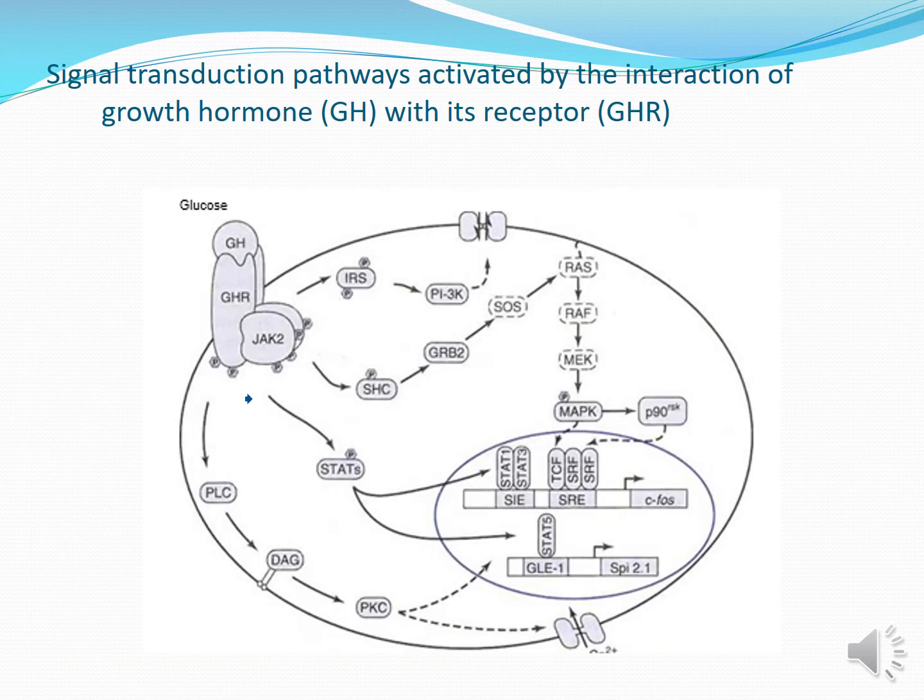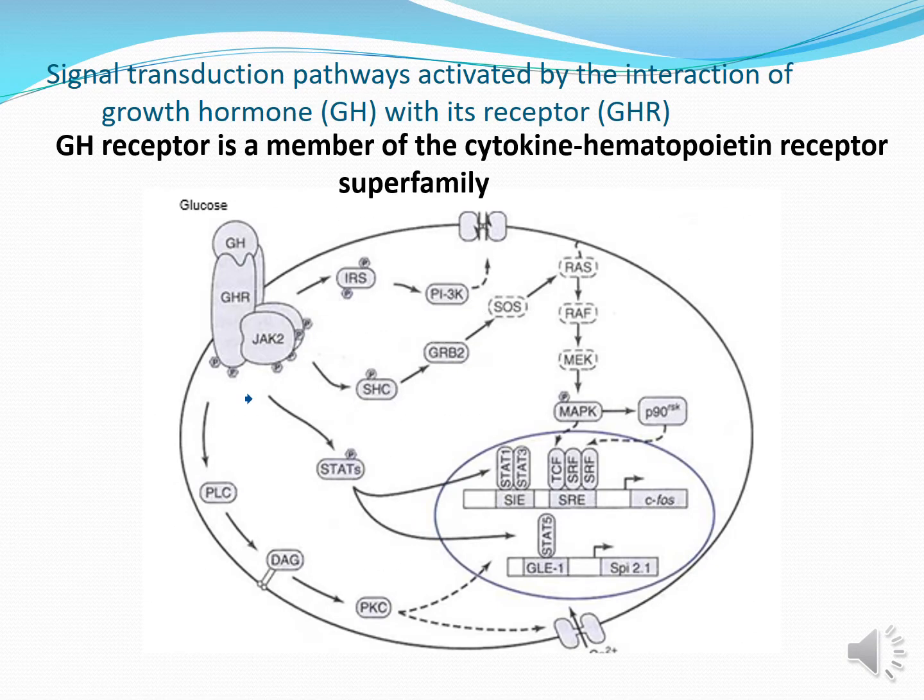This is the signal transduction pathways activated by the interaction of growth hormone with its receptor. The growth hormone receptor is a member of the cytokine hematopoietin receptor superfamily. The growth hormone receptor is a protein with molecular mass of about 70 kilodalton with a single membrane spanning domain.